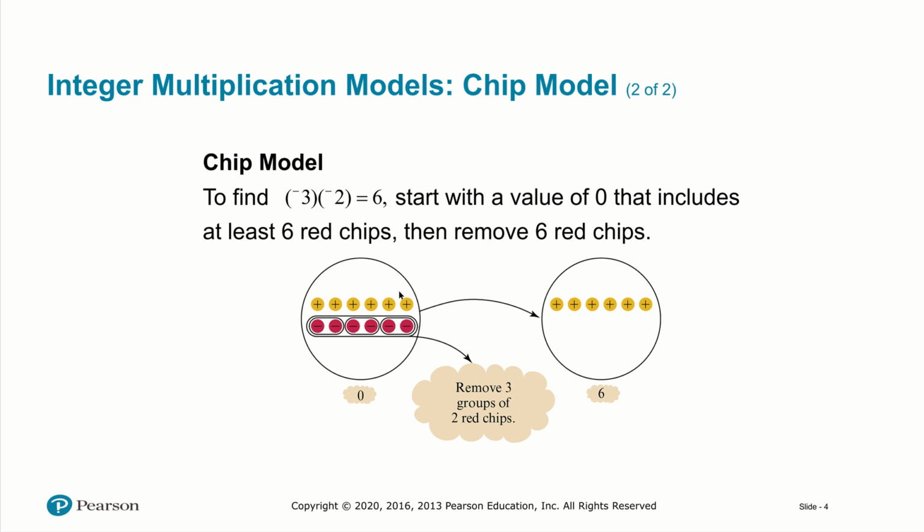So once we've completed that, we go ahead and remove 3 groups of 2 red chips each, and we end up with, if you notice, 6 positive chips. That's one way of seeing why -3 times -2 is 6. So think of that negative as remove 3 groups of these, basically.